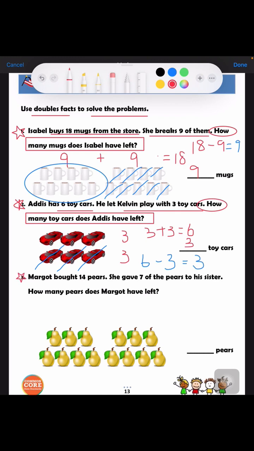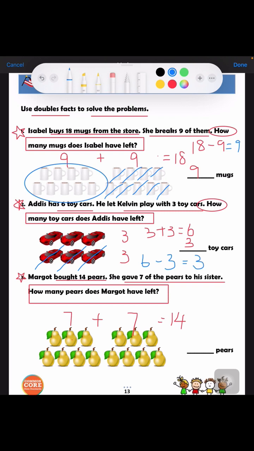Last question. Margot bought 14 pairs. She gave 7 of the pairs to her sister. So how many pairs does Margot have left? So on the pictures, on the left there are 7 pairs, and on the right there are 7 pairs. 7 plus 7 equals 14, and Margot has 14 pairs at the beginning.